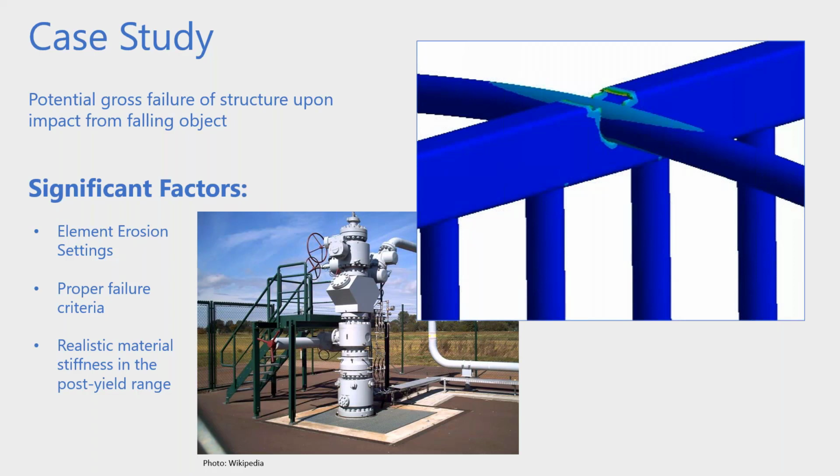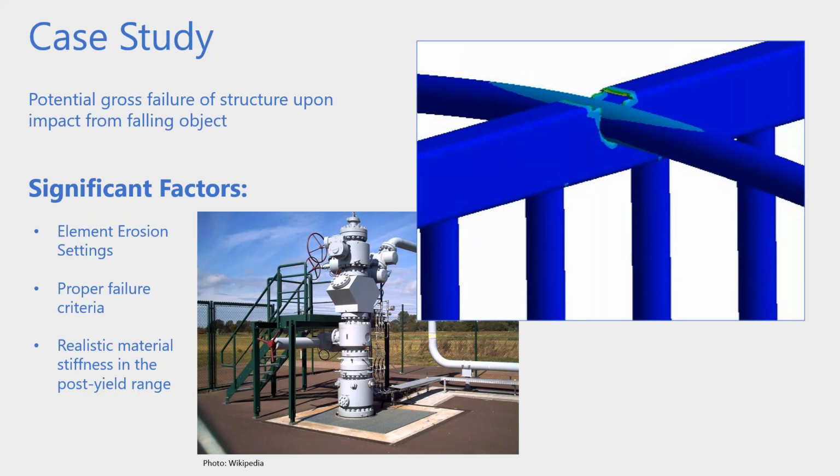Some of the significant factors in this simulation, again, were how we approached element erosion. One thing that I talked about with the team afterwards was that we might have been a little conservative in terms of how we predicted element erosion. I think we might have over-predicted failure, which is fine because we wanted to make sure that this wouldn't fail.